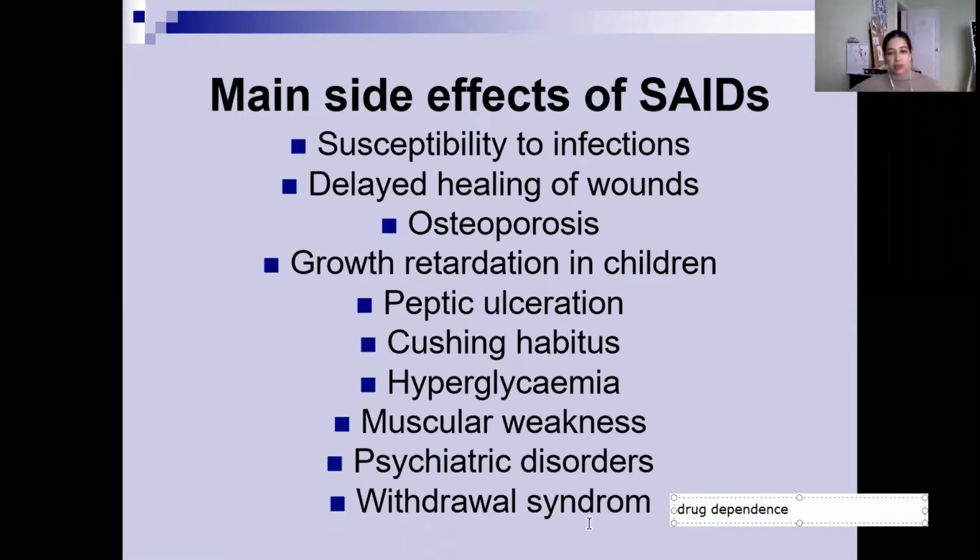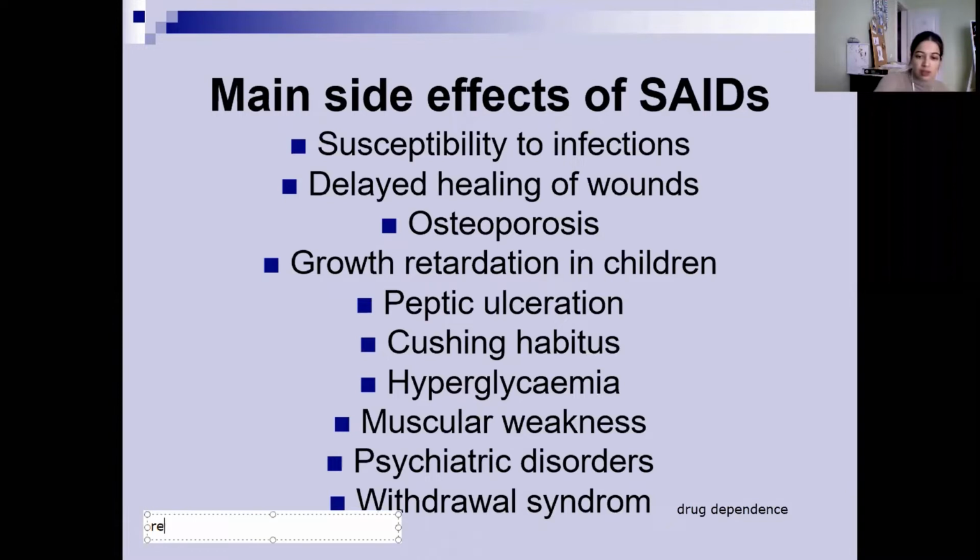Why drug dependence? Because these drugs, glucocorticoids, replace natural hormones, and because of that, there will be reduced synthesis of glucocorticoids by adrenal gland.